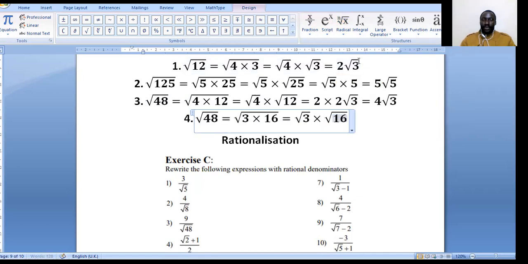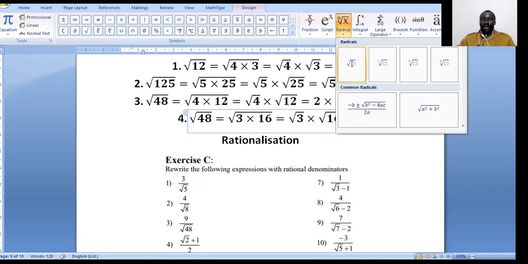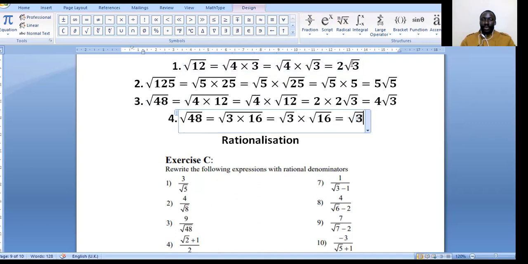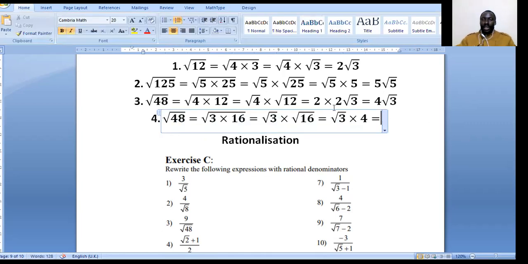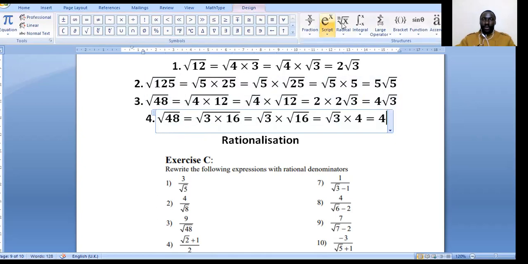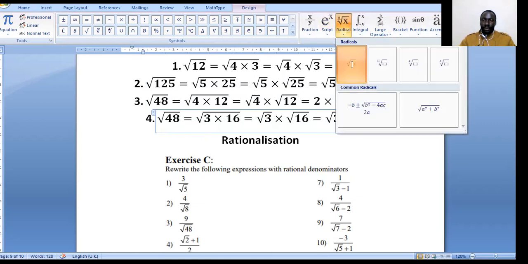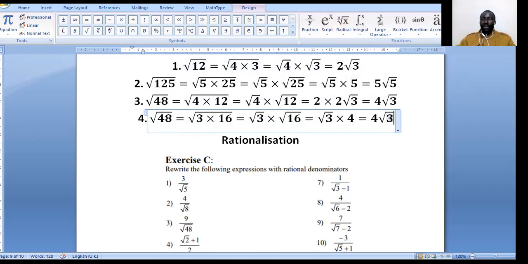So what we get from here is going to be square root of 3 times 4, because 4 is the square root of 16. So we can simplify this to 4 square root of 3. Yes, that's what we got.